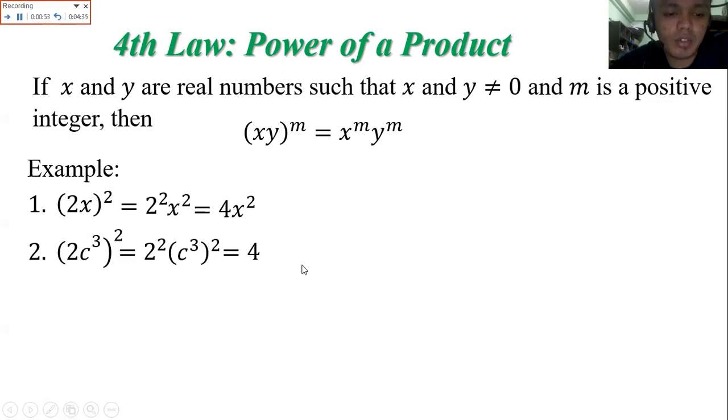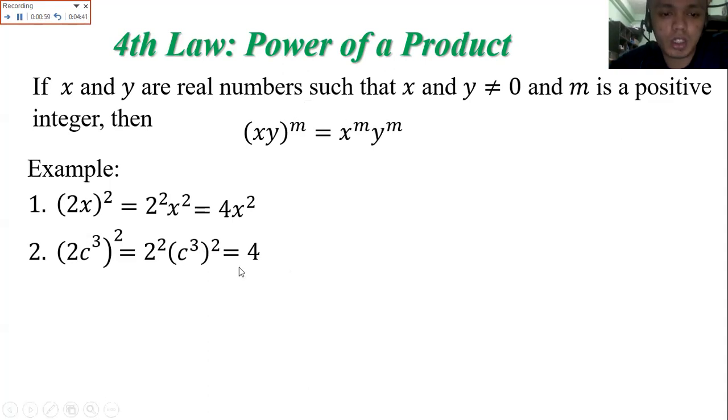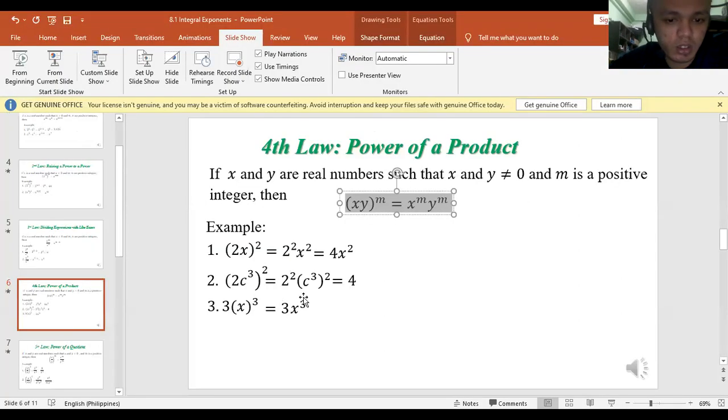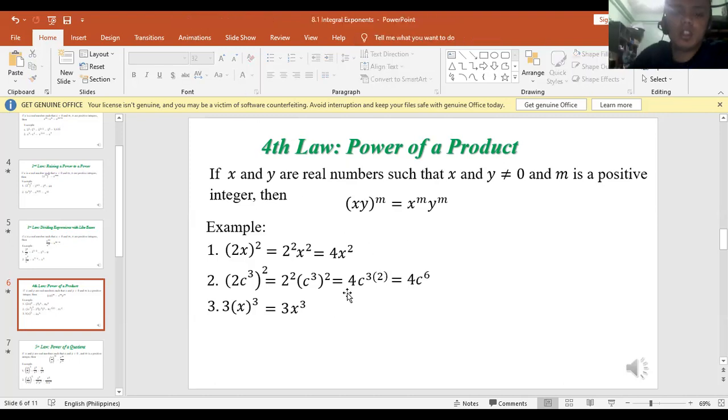Then we have c raised to 3 times 2, which is equal to 6. So we have 4c raised to 6. Multiply 3 and 2.